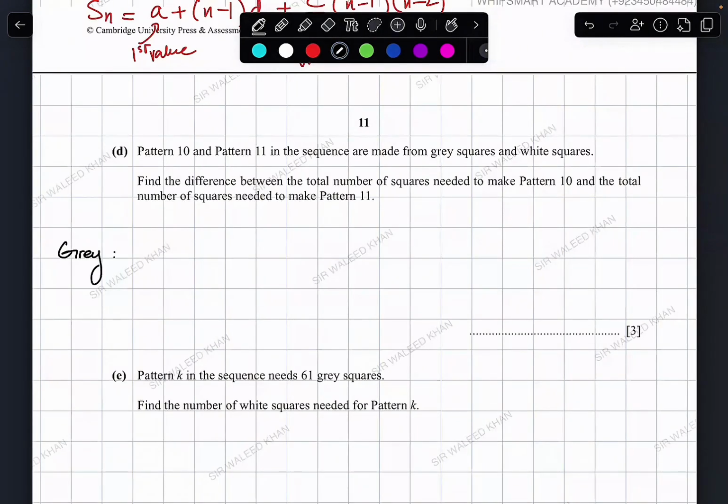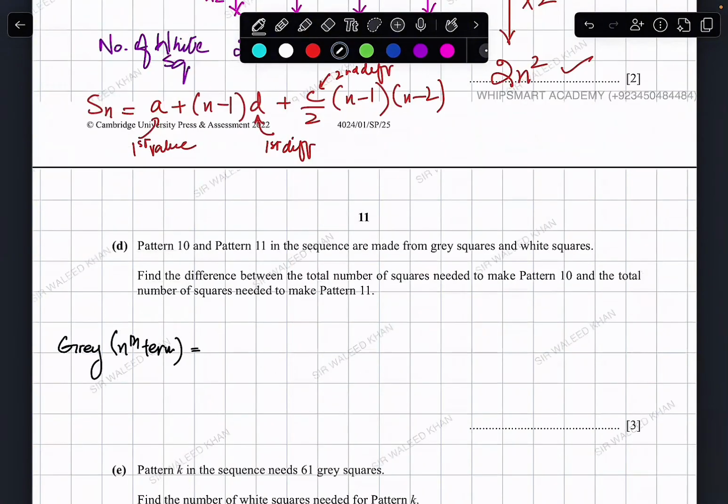The nth term just tells you the formula of that sequence. For the gray squares, what was the nth term? For the white ones, the nth term was 2n squared.